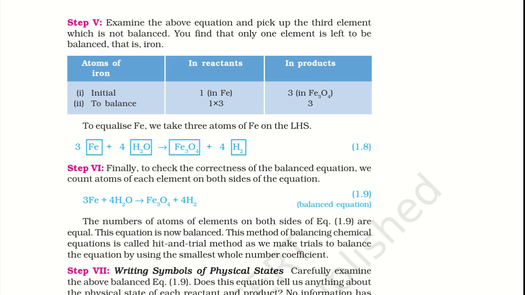So finally, we got the correct form of the chemical equation. That is 3Fe plus 4H2O gives Fe3O4 plus 4H2, and this is a balanced equation.